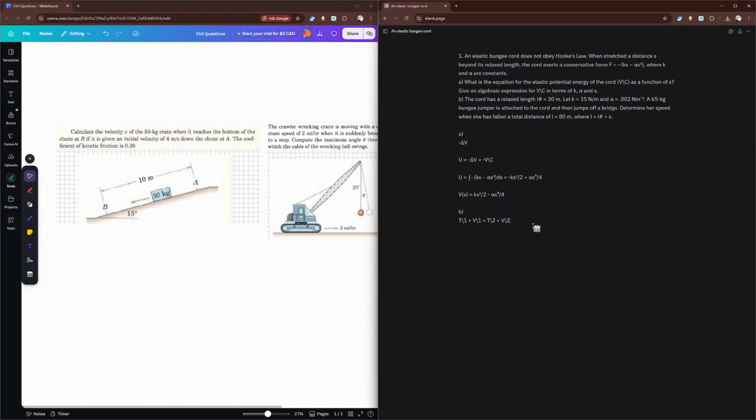We know that V1 is going to be a height of 80. We know that there's no kinetic energy at first because before she jumps, she's just standing there. So you have 0 plus mgL is equal to, now T2 is half mv squared, because she has a velocity at this point, which we're trying to solve for, plus this potential energy from the cord.